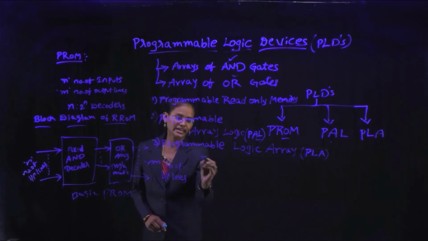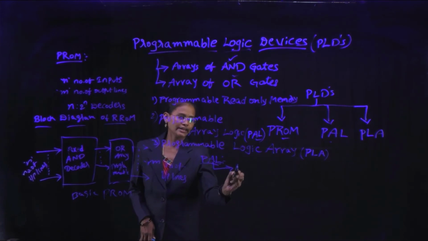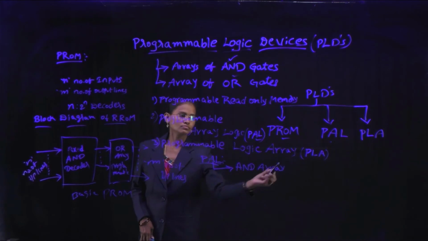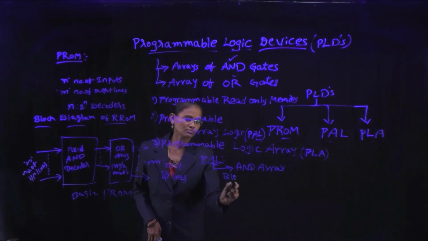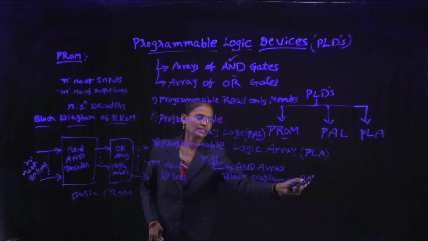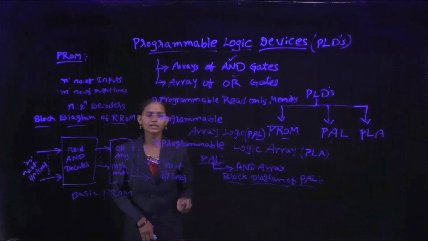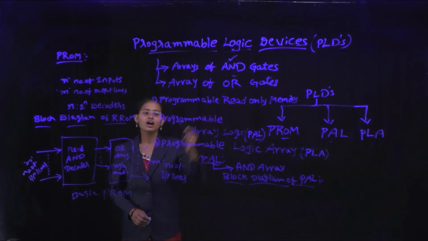Next, see the PAL. What is PAL? Programmable array logic. Here A is AND array. We are using the AND array. Coming to the block diagram of PAL. In this also we are using AND arrays and OR arrays.